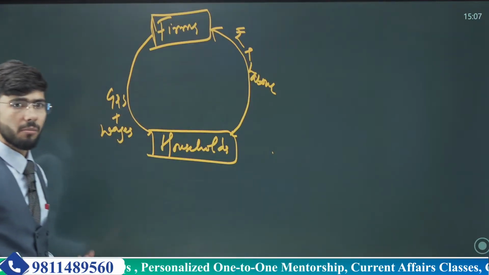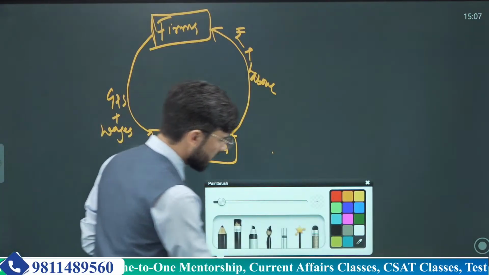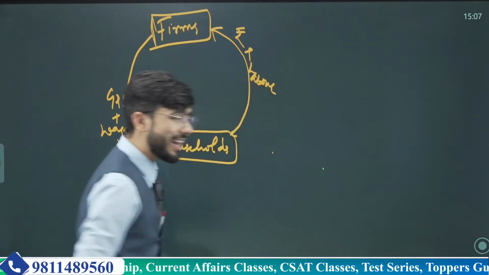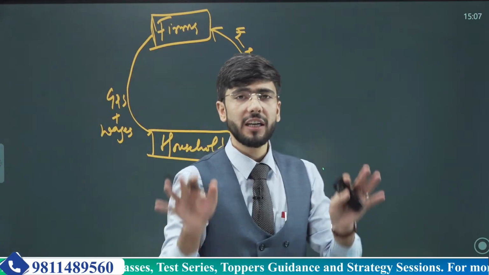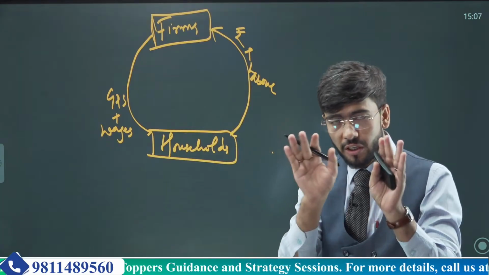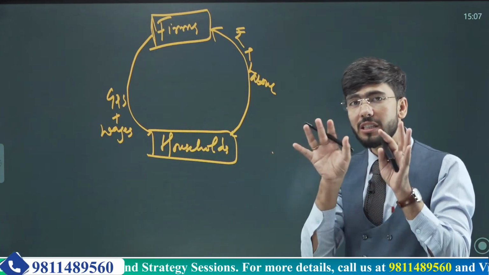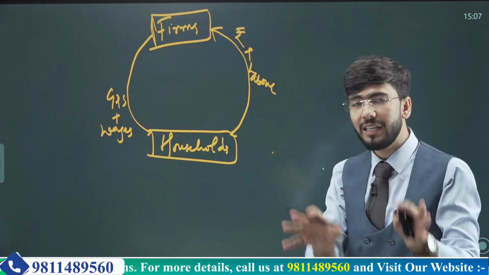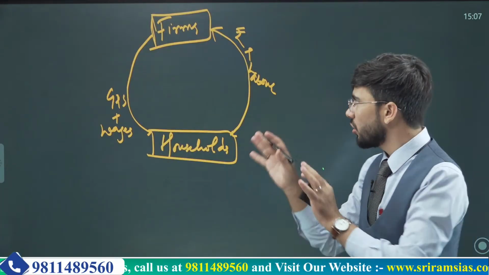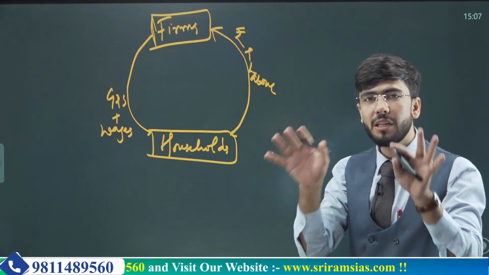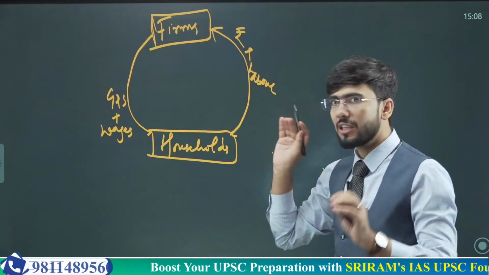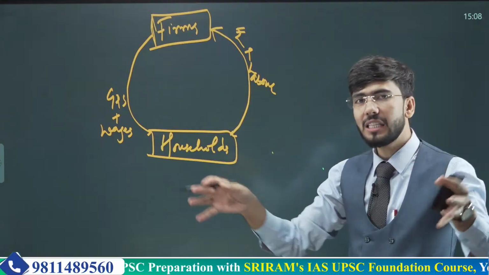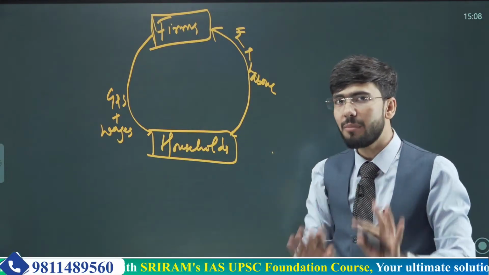But yes, there is one more thing. In order to balance this market, regulate this market, in order to ensure that this market works properly and with efficiency, to provide the basic environment for this market to work properly, the society made a government, and this government is actually regulating the market.